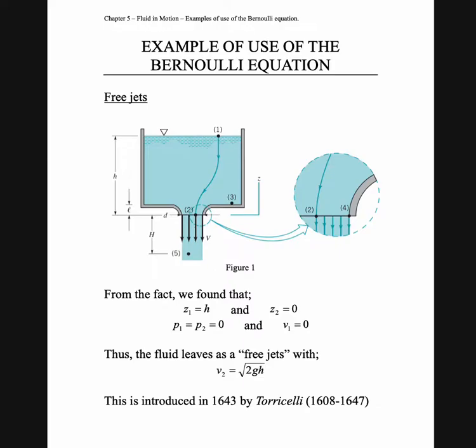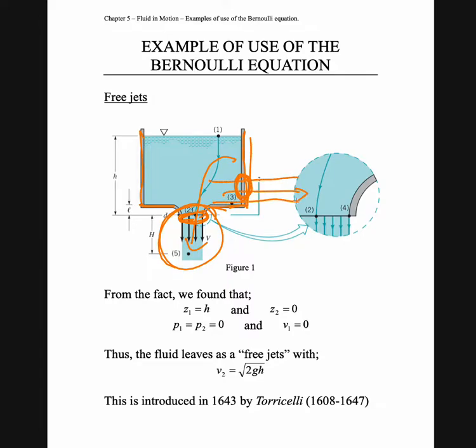To create a free jet, there are a few ideas. The simple one is, for example, if we have a tank here and we make a hole at the bottom surface, water will flow at a certain velocity. We call this phenomenon a free jet. Or you just make a hole at the vertical wall here, so the water will flow at a certain velocity.